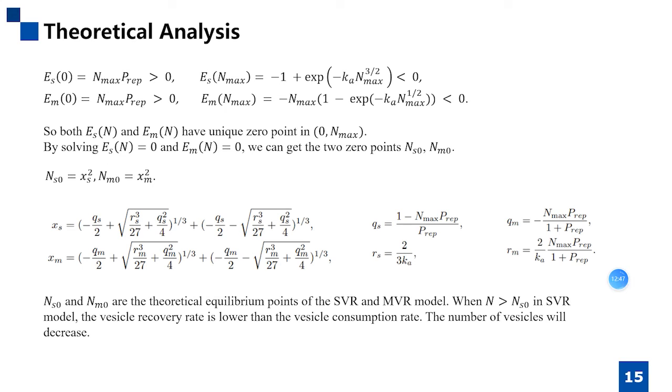Based on the characteristics of the derivative functions, both Es(n) and Em(n) have unique zero points in 0 to n max. By solving Es(n) equal to 0 and Em(n) equal to 0, we can get the two zero points Ns0 and Nm0. Here are their expressions.